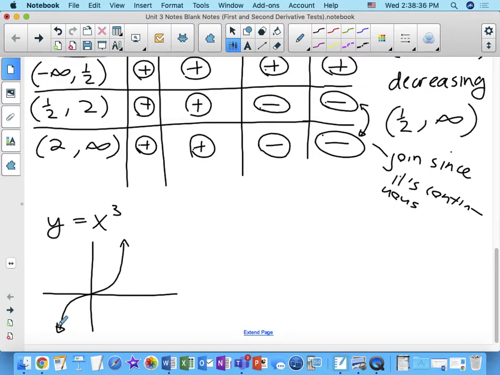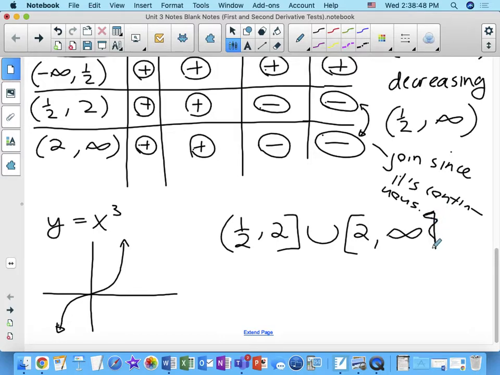So what you could do, I suppose, is you could say that. Do you guys know what this symbol means? Union? Yeah, okay, so this union symbol is when you join things together.